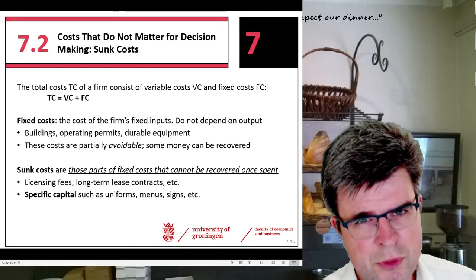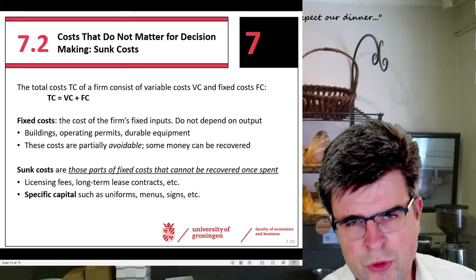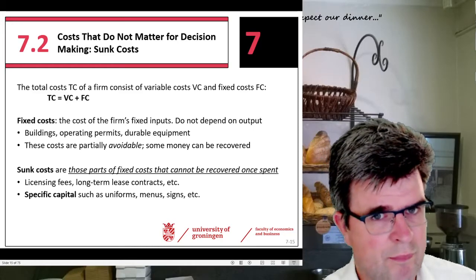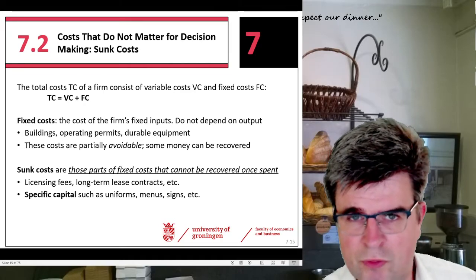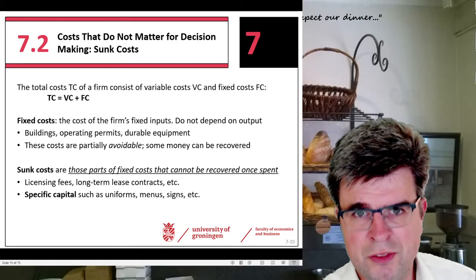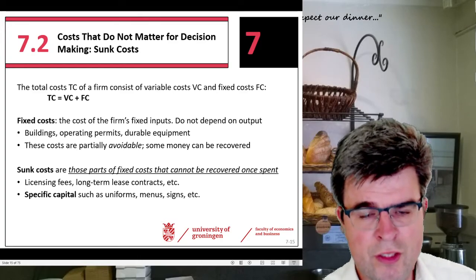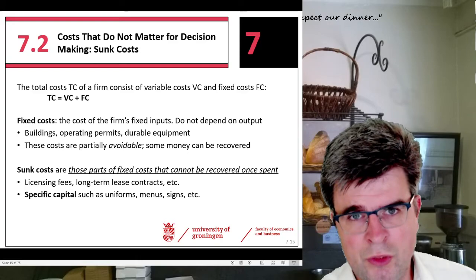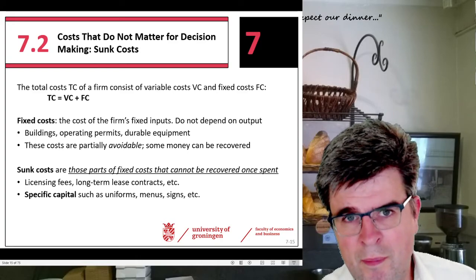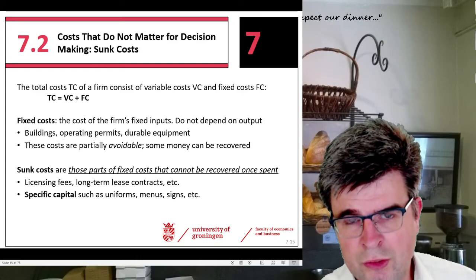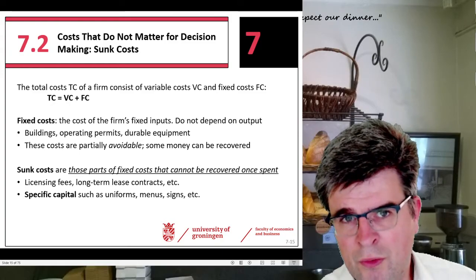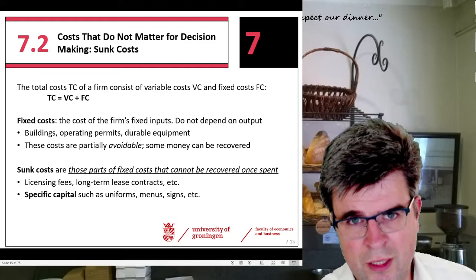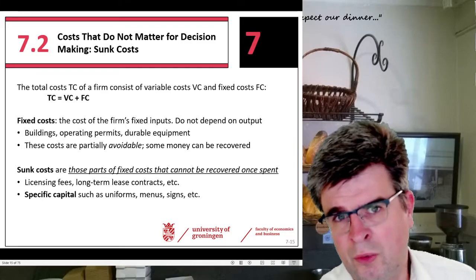And also very specific capital, like if you start, say, a restaurant and you have special uniforms with the logo and the colors of your restaurant. Once you've invested in them, and you shut down the restaurant, you cannot recover the cost of these nice durable uniforms because another restaurant cannot use it because it has your logo and your colors on it.